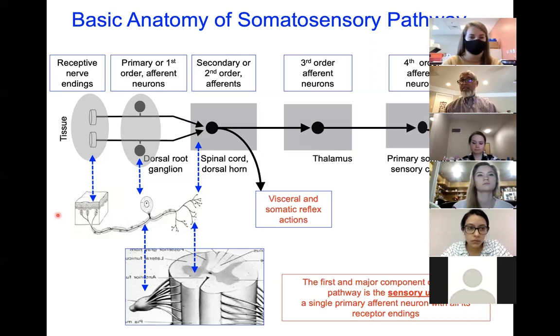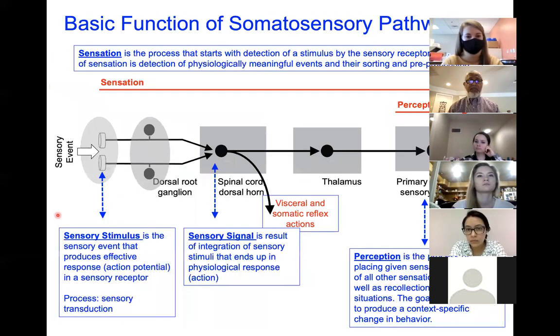If the stimulus intensity is very low, maybe one sensory unit will respond, so you can imagine the signal in the attached nerve will be weaker. But if the stimulus is strong, more sensory units will be involved, so the signal will be stronger. Okay, so that is the basic anatomy of the arrangement of the somatosensory pathway.